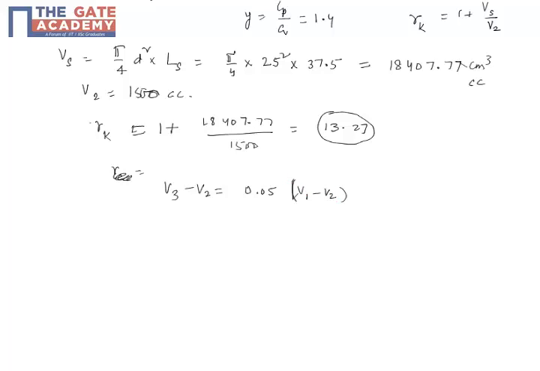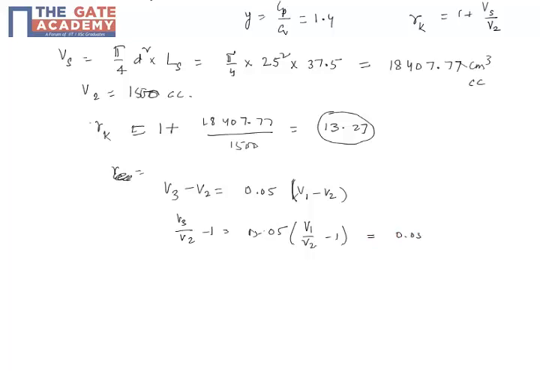Dividing by V2, V3 by V2 minus 1 is 0.05 times V1 by V2 minus 1. V1 by V2 is something I know, it is the compression ratio.